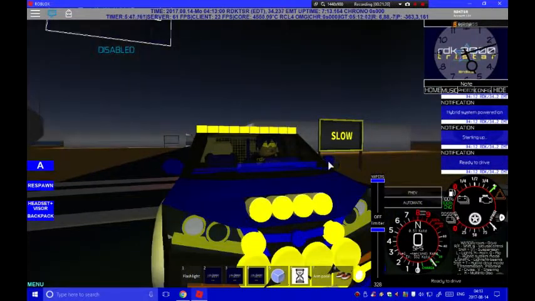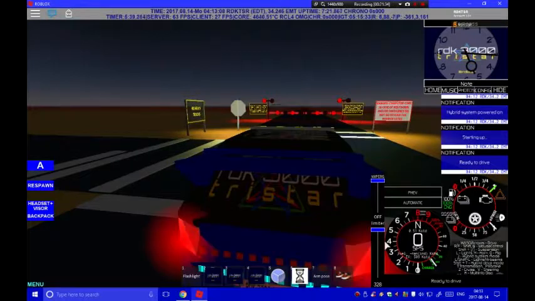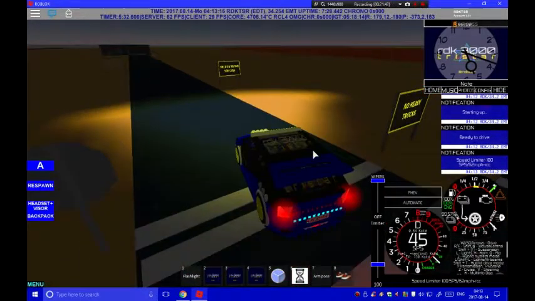Wipers. They work in this car. Speed limiter too. Also got it set to 100 SPS.